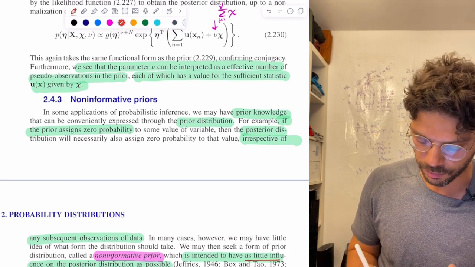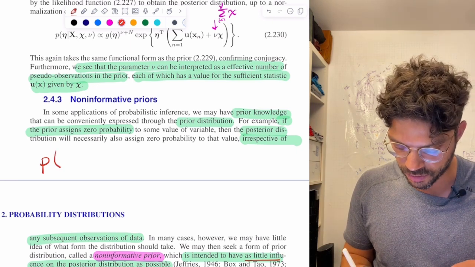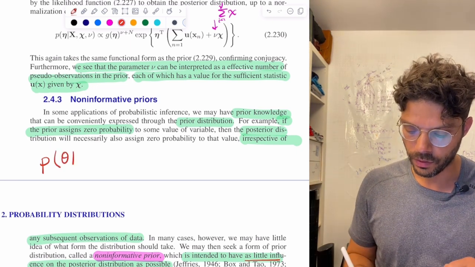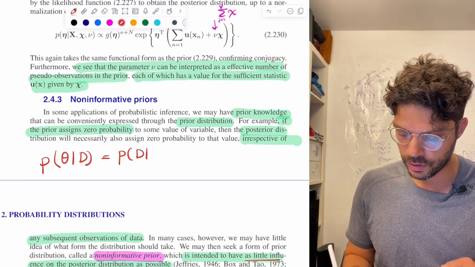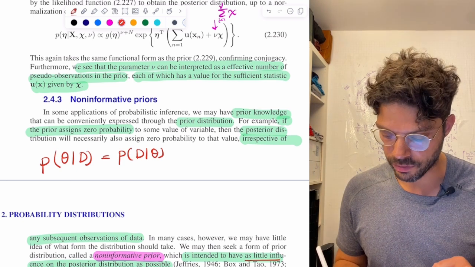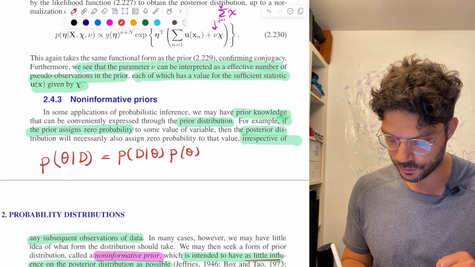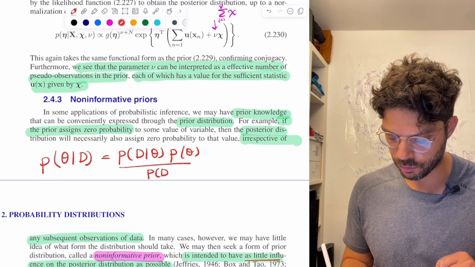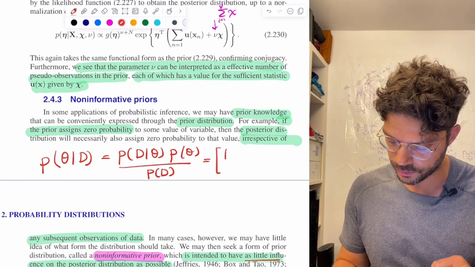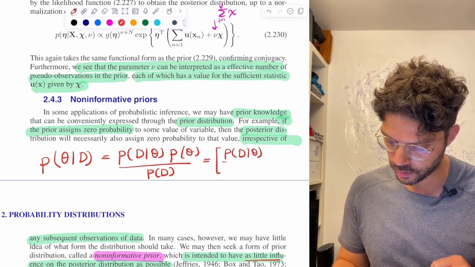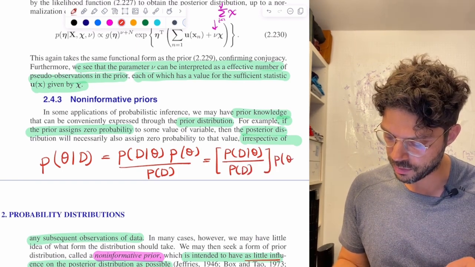And that's simply this. So suppose we're interested in some parameter theta. So our posterior on that parameter given the data is going to equal the likelihood of that data, of those parameters, sorry, times the prior. This was just Bayes' rule, right? So you can just write this as something, this P of D is a normalizing factor basically, times P of theta.